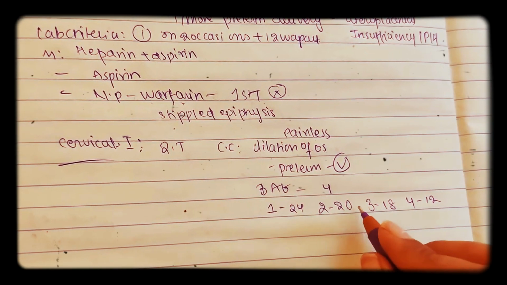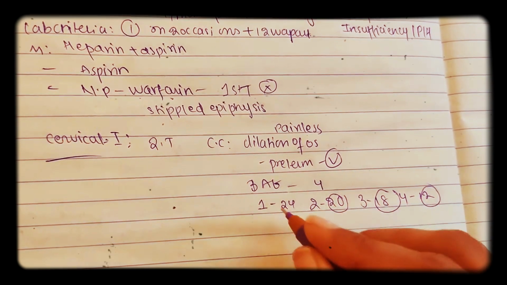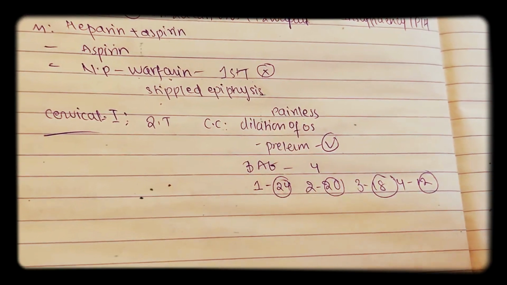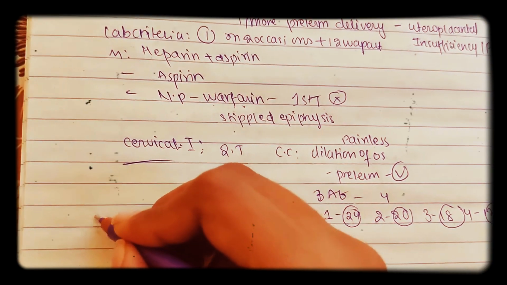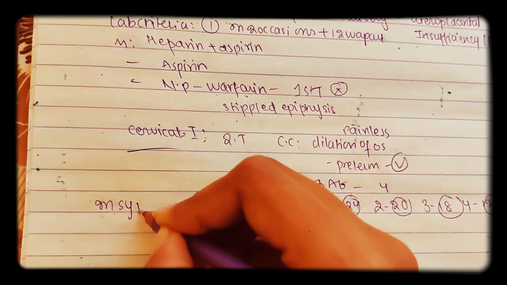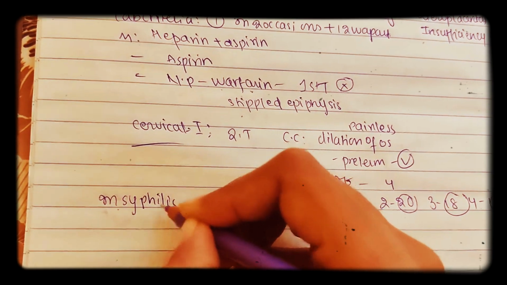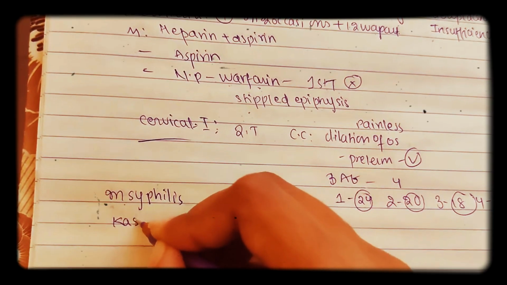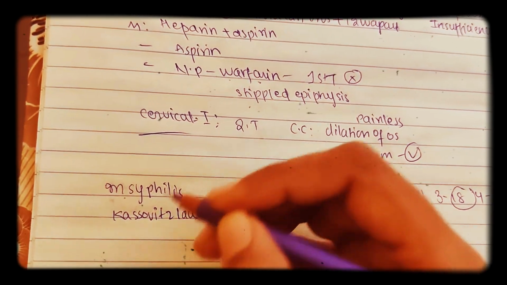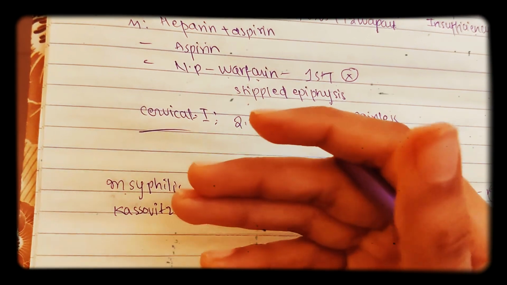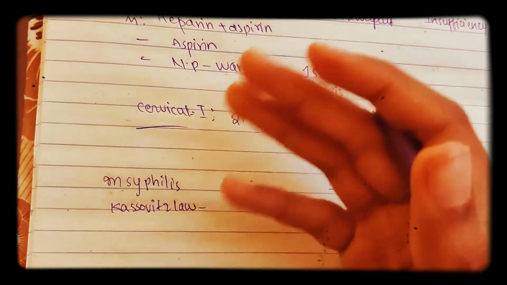So you can see the gestational age is dropping as the number of pregnancy losses is increasing. Now coming to a note, in syphilis you need to see one note. In syphilis there is one law called Kassowitz law. As the pregnancy losses increase, the gestational age at which loss occurs will also increase.